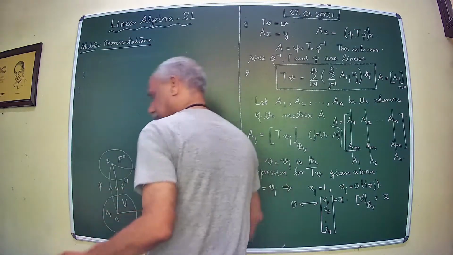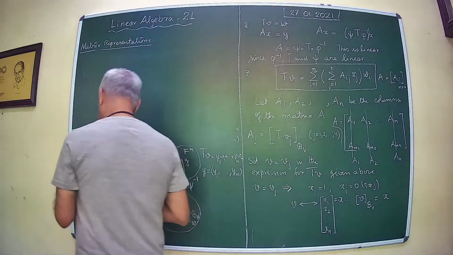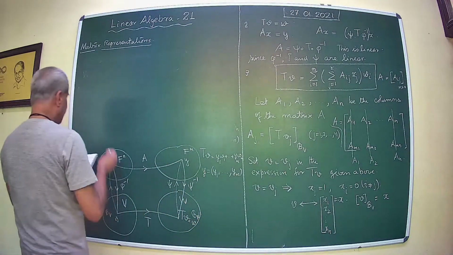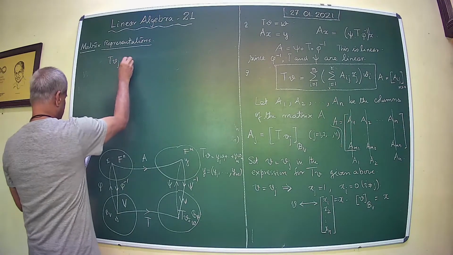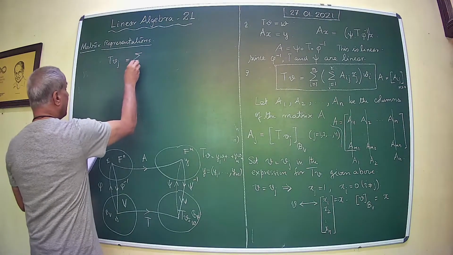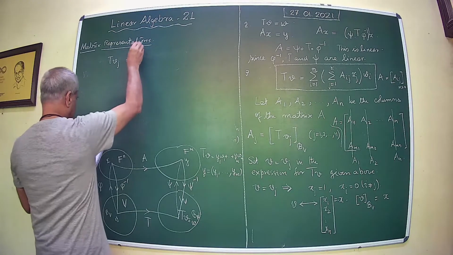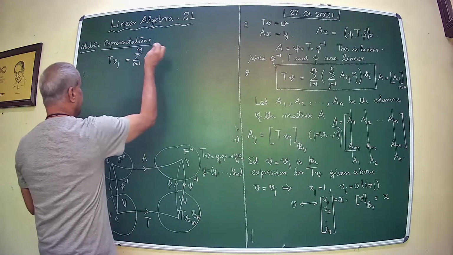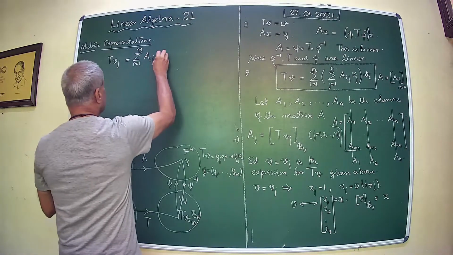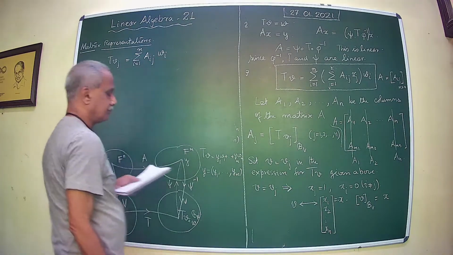Keep this figure for the time being there. Okay. So what you have is that TVj is equal to the sum over i equal to 1 to m of Aij Wi.